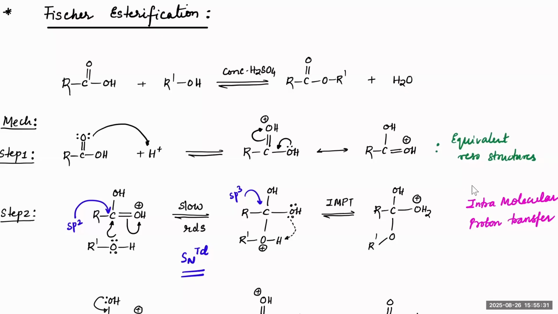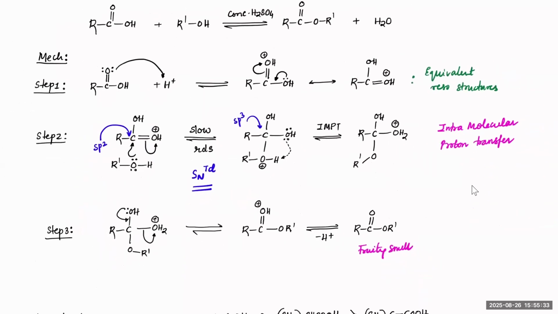Next, you see how the mechanism takes place. When you react acids with H plus, the lone pair from oxygen will take H plus and convert into this compound, which has a resonating structure of a very similar form, right? You can see this structure and this structure are exactly the same.